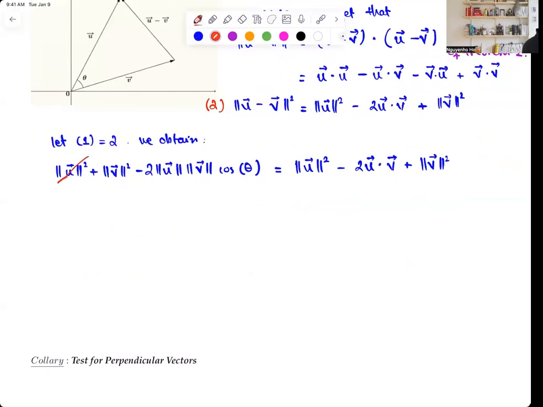So I can cancel these terms out. And I'm left with negative 2 times the magnitude of u times the magnitude of v times cosine of theta equal to negative 2 times u dot with v.